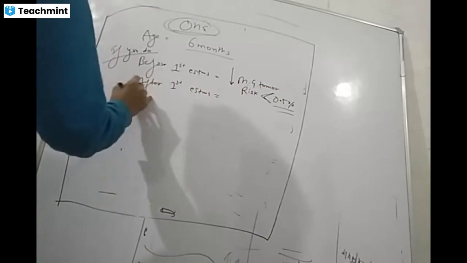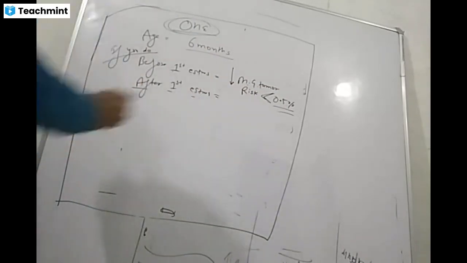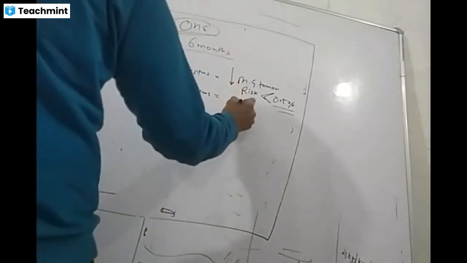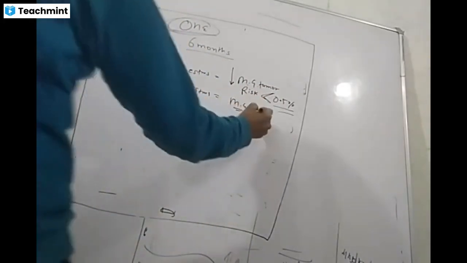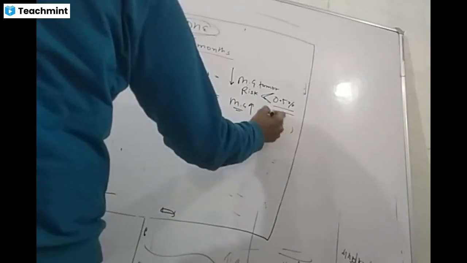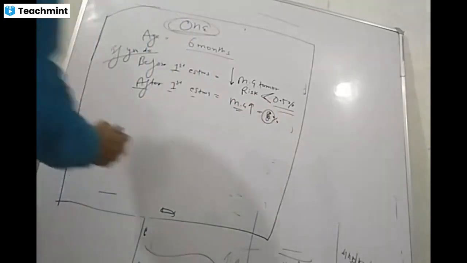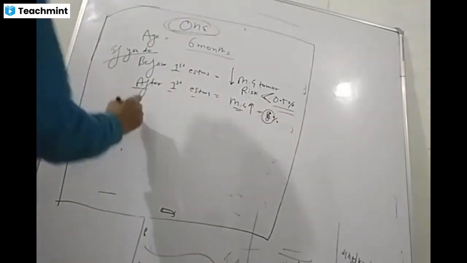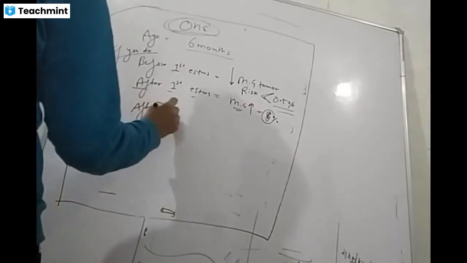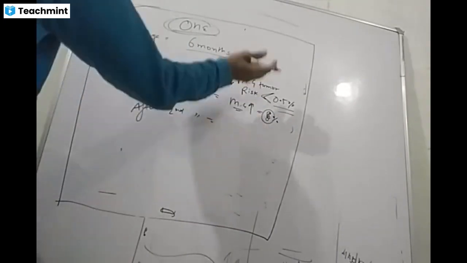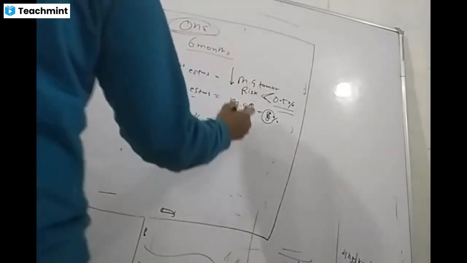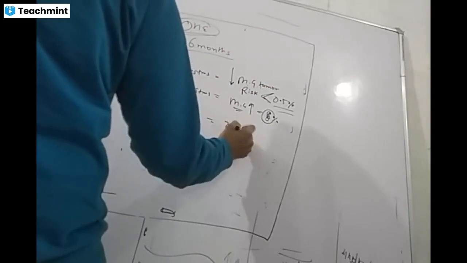If you perform OHE after first estrus, then this mammary gland tumor risk may be more, and that will be 8%. If you perform OHE after the second estrus cycle, then the mammary gland tumor risk is more. That is 26%.